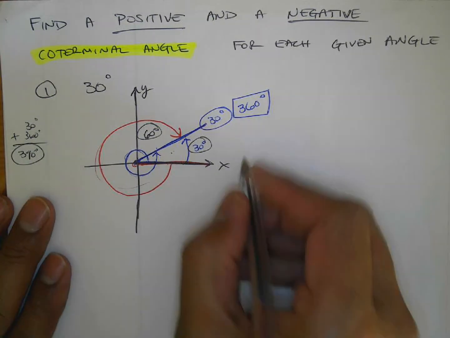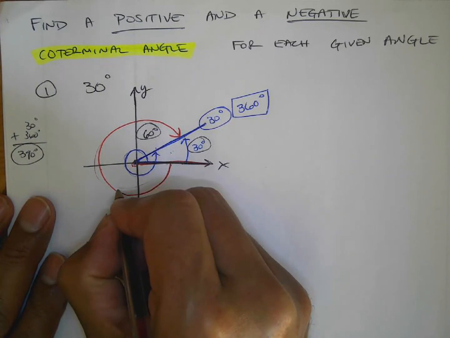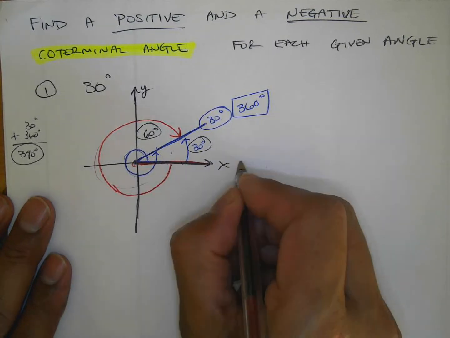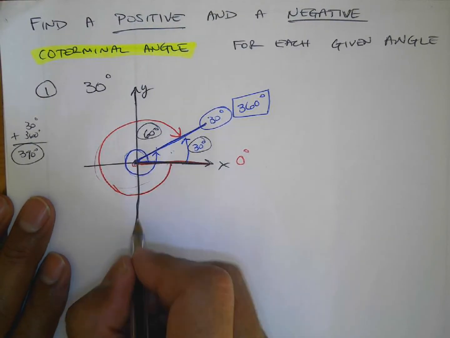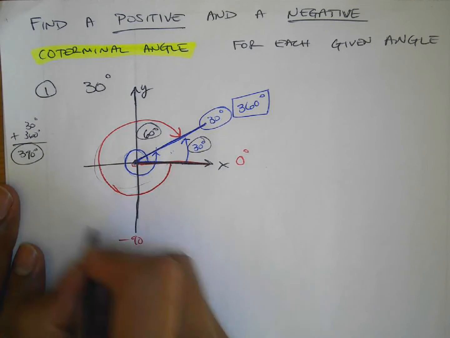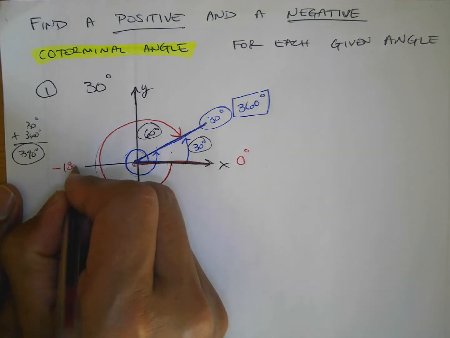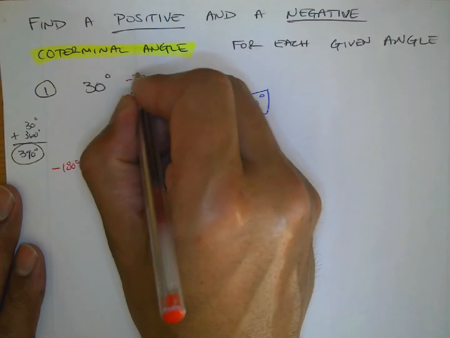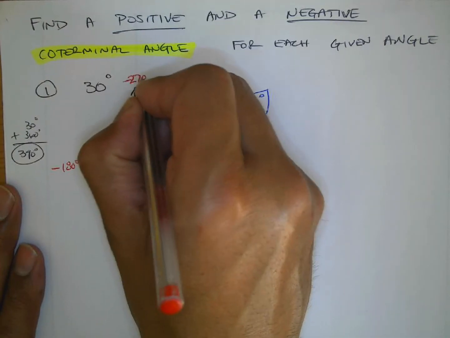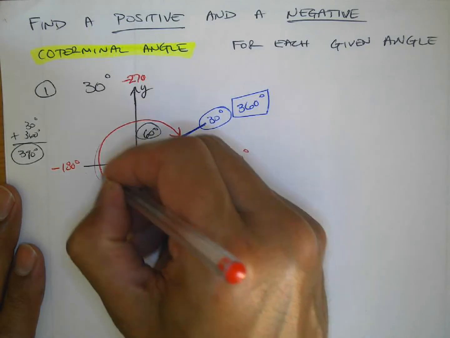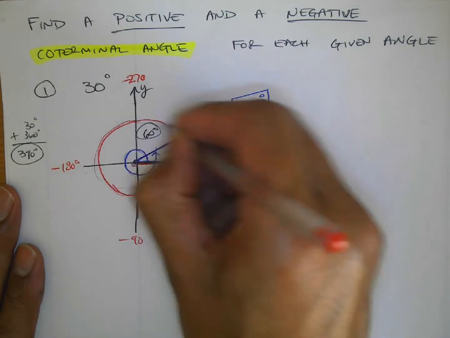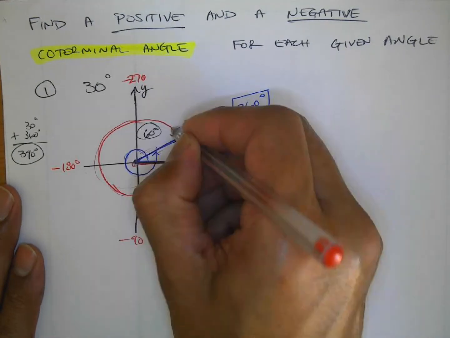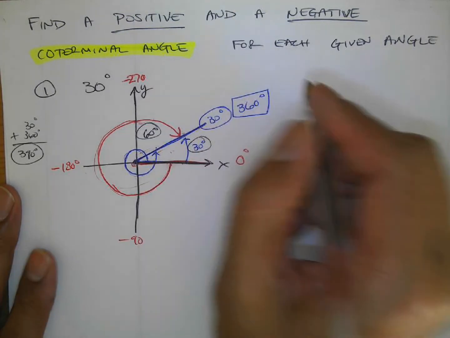Why? Because to figure out this negative angle, I'm starting at 0. Then you go negative 90, then another negative 90, which is negative 180, and then another negative 90, which is negative 270. Negative 270 gets up to here, but how much more do you need to add to reach the same terminal side? 60 degrees.